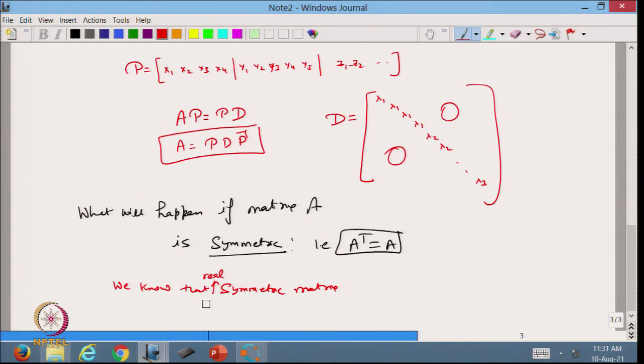So, I am talking about the real symmetric matrix, which has all eigenvalues real. That we have already proved in my earlier videos, that a symmetric matrix has all the eigenvalues that are real.